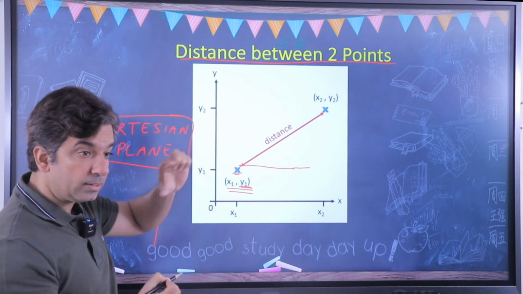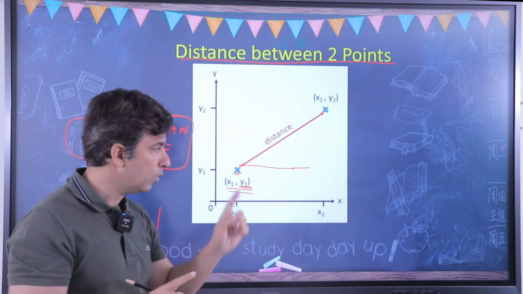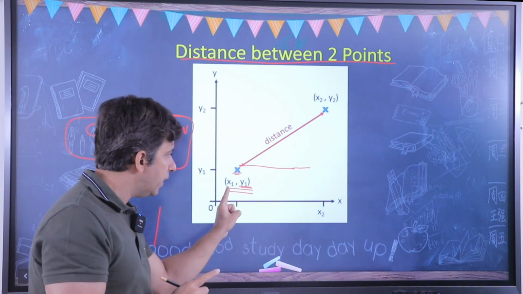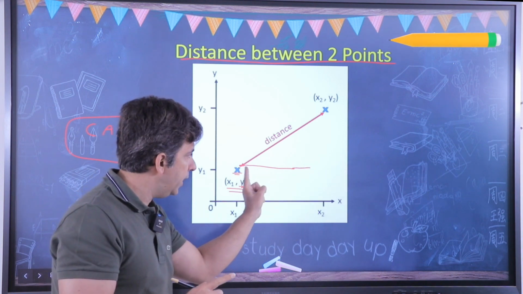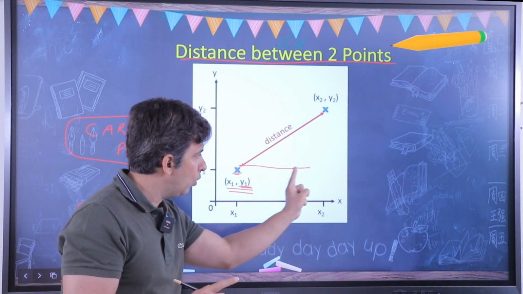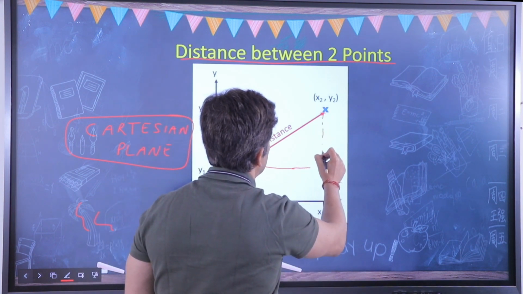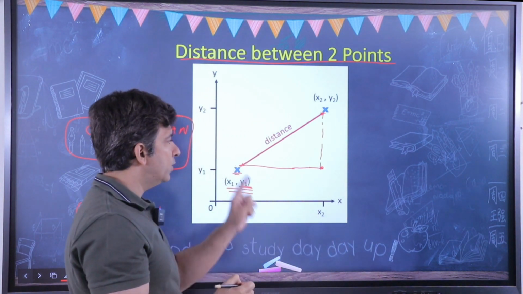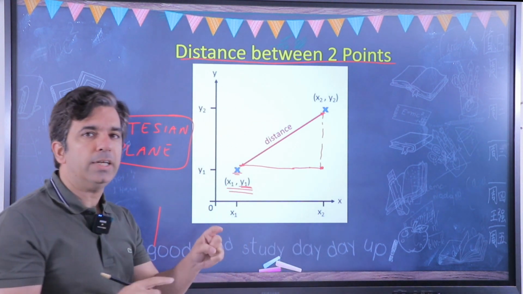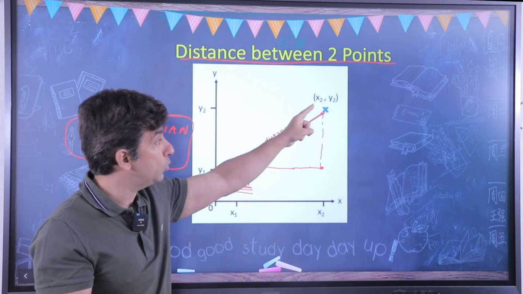This is the vertical rise, so the y coordinate would remain the same. Only the x coordinate would change when I am moving horizontally.